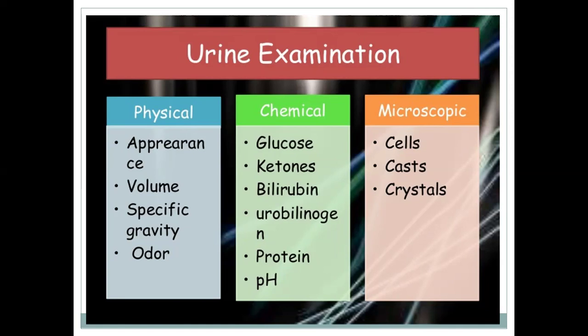Isostenuria is a condition where there is persistent production of fixed low specific gravity urine, isoosmolar with plasma, despite a variation in water intake.